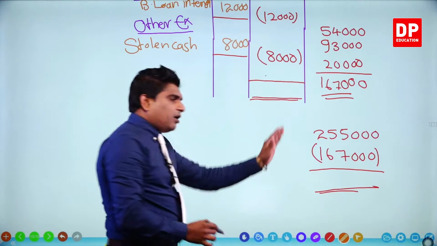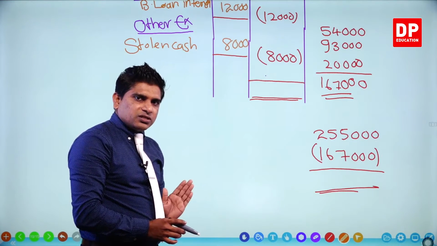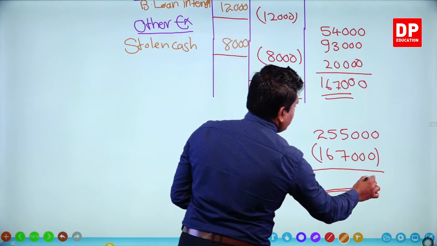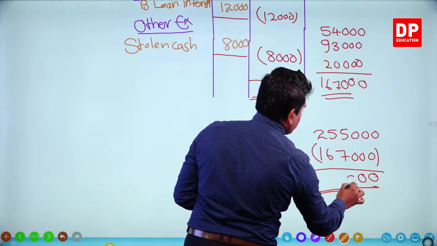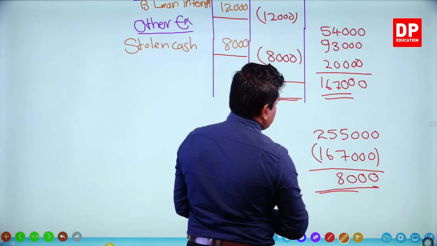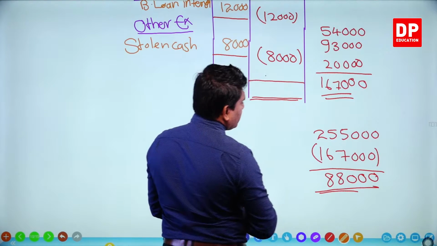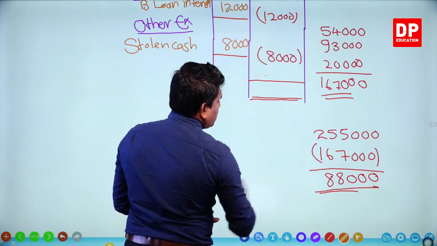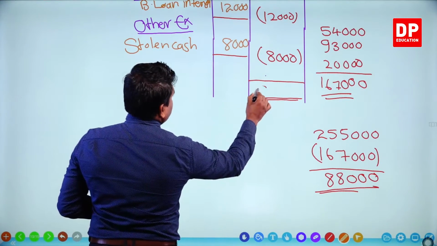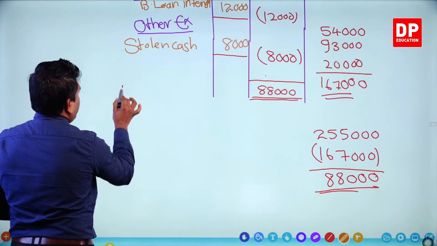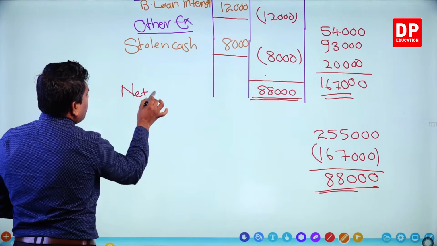From the total income, you have to minus total expenses, right? Then you can see the net profit. Then how much? Net profit is 88,000. In front of this you can write net profit.